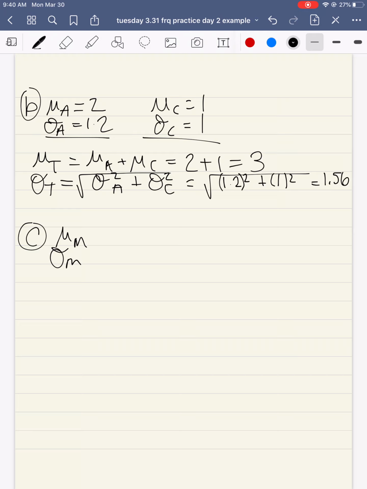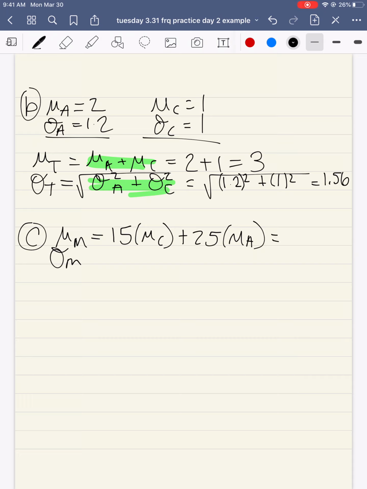I'm essentially going to use these formulas that I've created up here, and I just need to factor in the cost per ticket. So the mean of the money is just going to be $15 times the mean of the children's tickets plus $25 times the mean of the adult tickets.